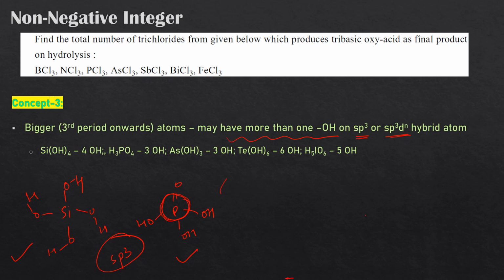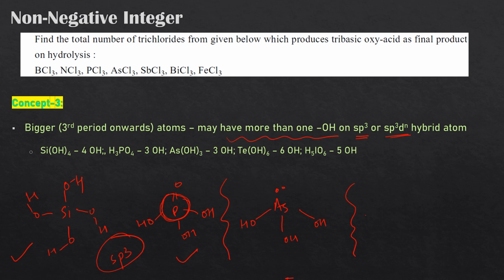We are having now arsenous acid. Arsenous acid is having 3 OH groups present, something like this, and that is what we have seen. This is going to produce 3 H+ ions in the solution, generating arsenite ion as the conjugate base when this is behaving as an acid.